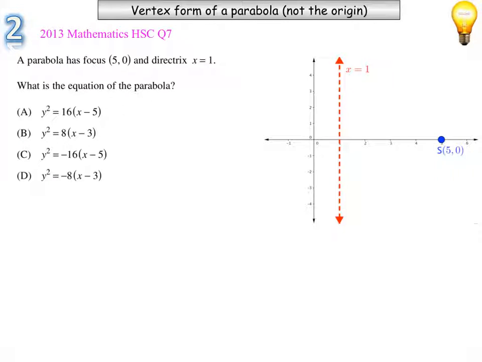So this is not going to be concave up or concave down. It's going to be concave left or right, depending on the direction. So this distance right here needs to be found. So from 1 to 5 is a distance of 4.